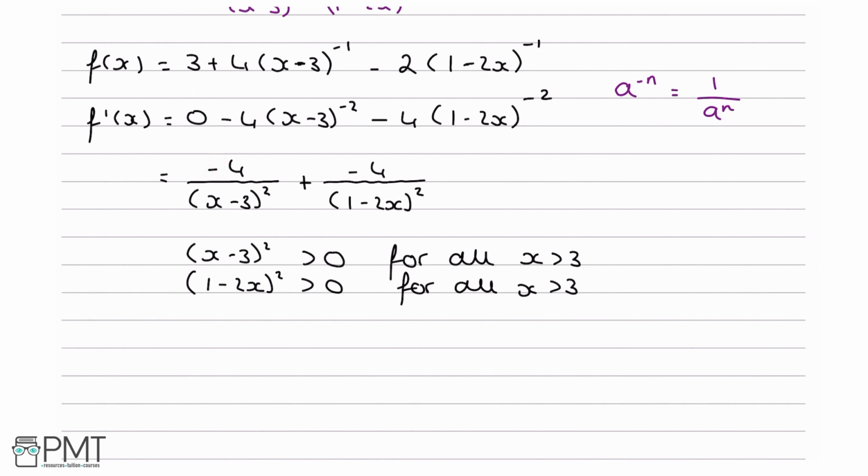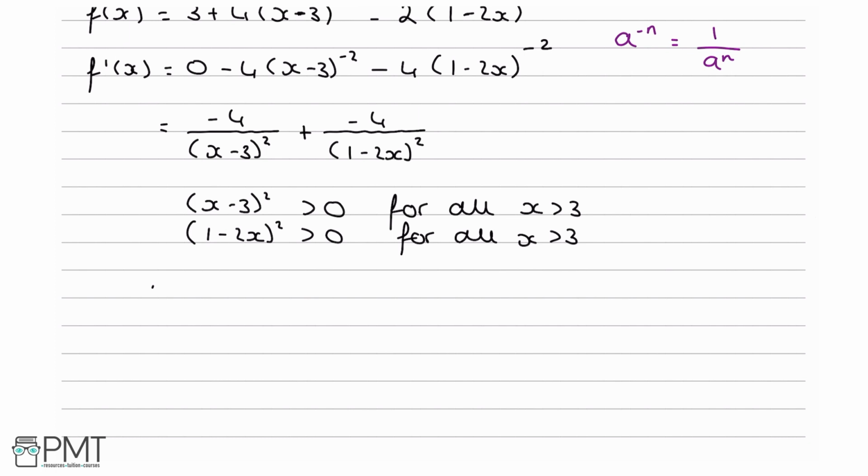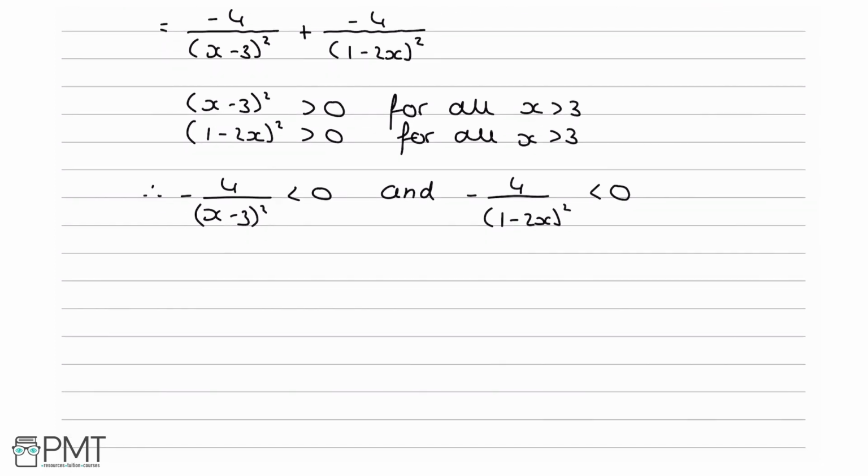So we can say that therefore minus 4 over x minus 3 squared is less than 0, and minus 4 over 1 minus 2x all squared is less than 0. Because in both cases, we're taking 4, which is a positive number, dividing it by a positive number, which means it's positive, and multiplying it by minus 1, which makes it negative.